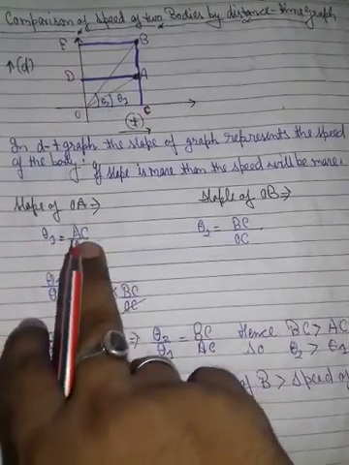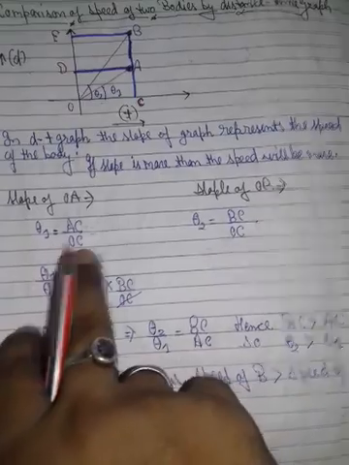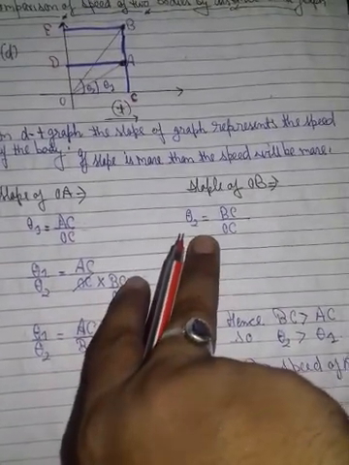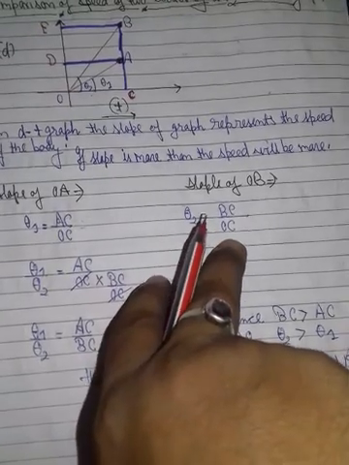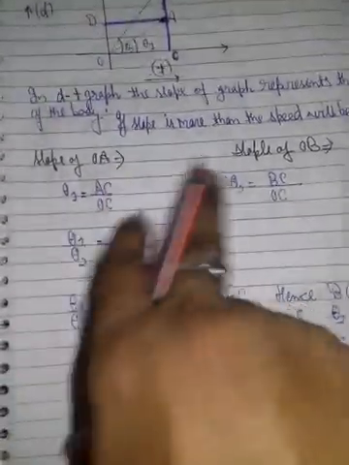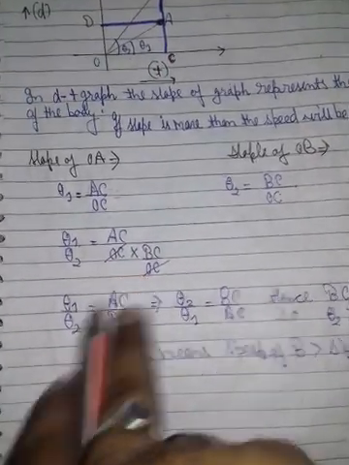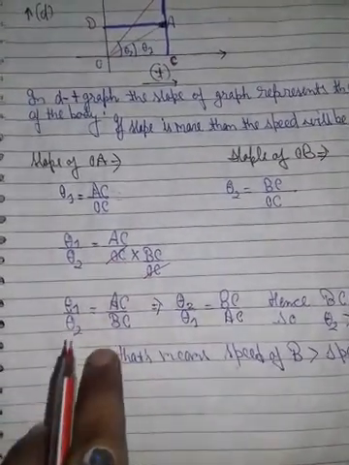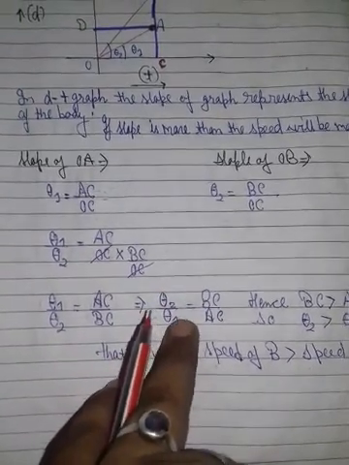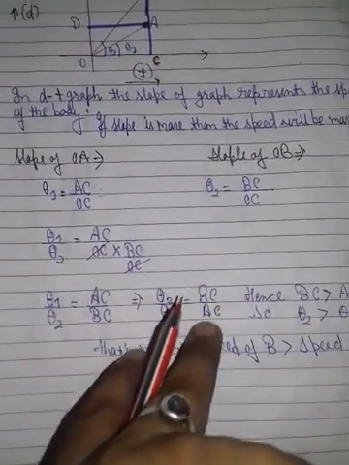For OA, that is AC upon OC, and for graph OB, that is BC upon OC. Dividing tan theta 1 by tan theta 2, equation first divided by equation second, and solving the values and reversing the order, tan theta 2 upon tan theta 1 is BC upon AC.